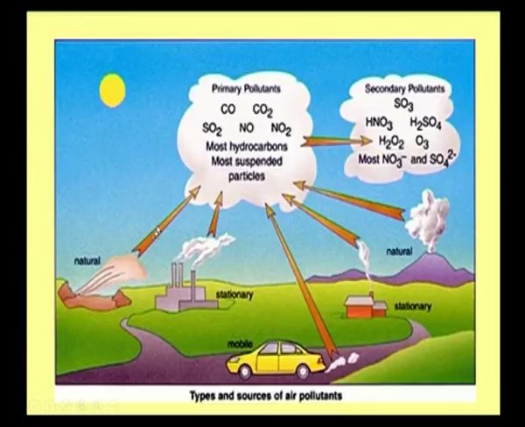Either the pollutants may be classified as primary or secondary, but both are harmful as far as the pollution context is concerned. And in the diagram also it is given. So, these are all the direct pollution and they produce the secondary pollutants, and these are all the stationary pollution and these are all the mobile pollution. So, they are produced in both ways.